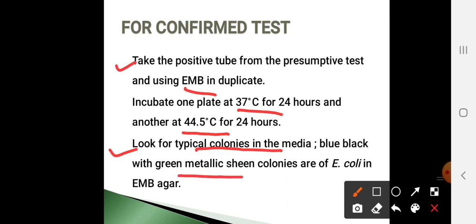Blue black colonies with a green metallic sheen are E. coli on the EMB agar. E. coli will produce a green metallic sheen on the EMB agar.